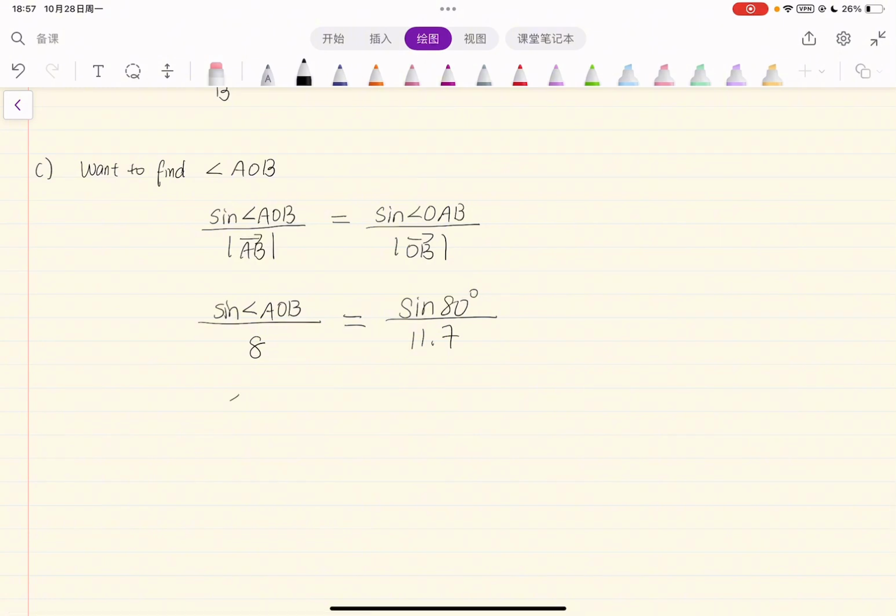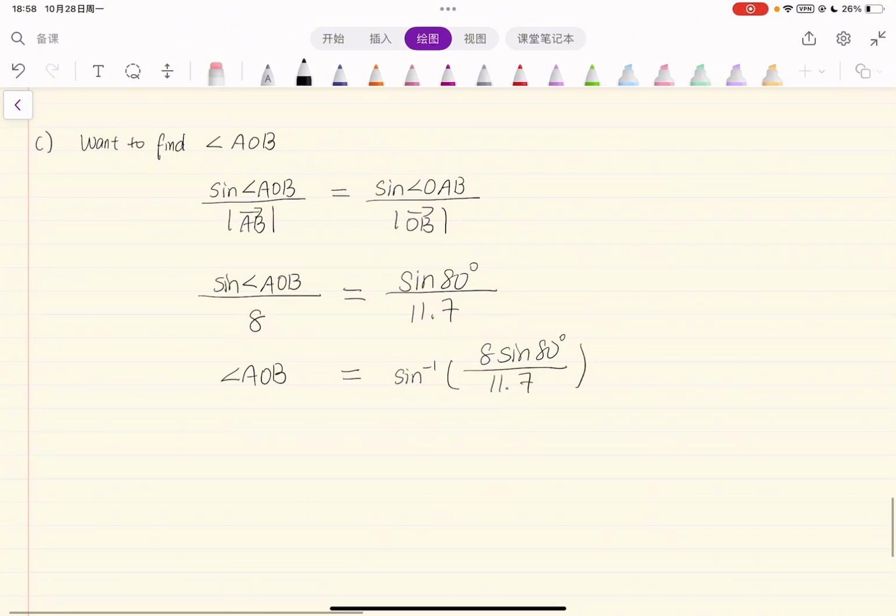Then the angle AOB equals the arcsine of 8 times sine 80 degrees over 11.7. That equals 42.3 degrees to 3 significant figures.